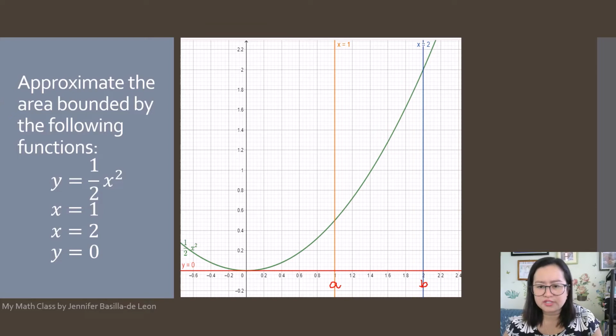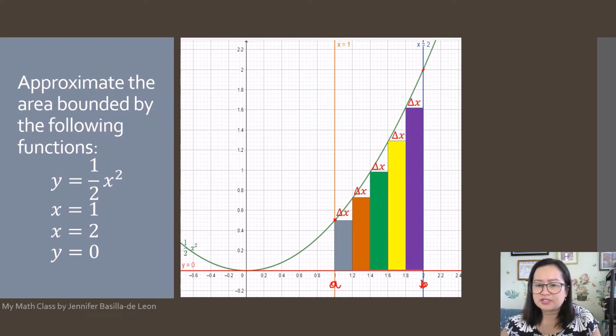We are only considering this function at a closed interval from a to b. And then we draw rectangles having the same width. So with this, we can have delta x to represent the width of the rectangles.